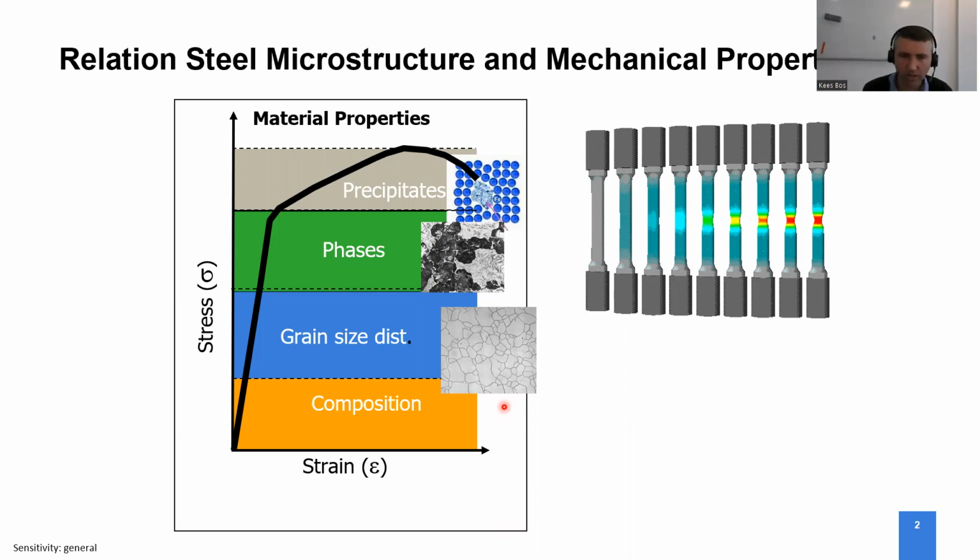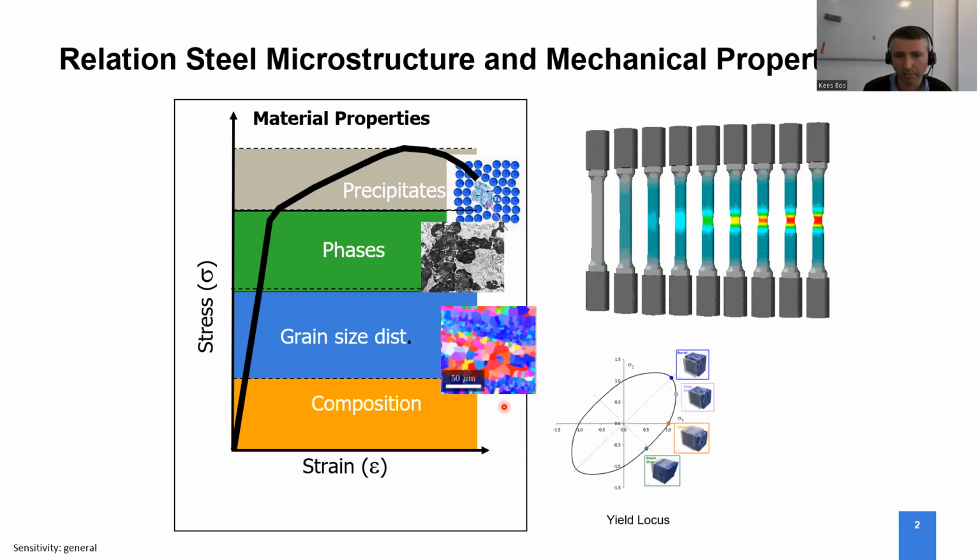Now, of course, it's even more complicated than that, because it's not only the grain size, but we also often have to consider the crystallographic orientation of the grains, so the texture, which becomes very important if we want to look at the non-isotropic properties of steel. For many steel applications, things like a yield locus, so the behavior of the steel in different deformation directions, becomes important.